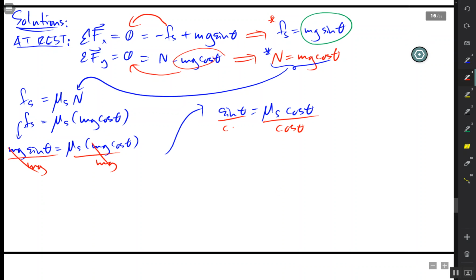Divide both sides by cosine, boom. Okay, mu s is actually the ratio of sine over cosine, which is equal to tangent.